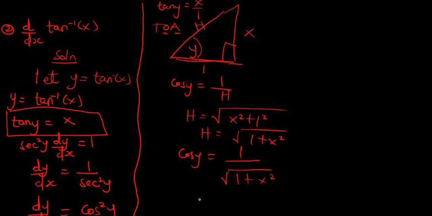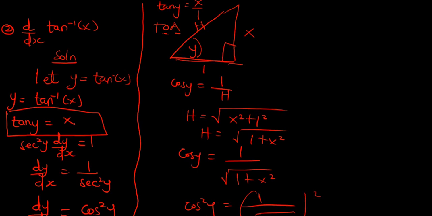Okay, now we want cos squared y, not cos y. So let's square everything. So cos squared y will be equal to 1 over the square root of 1 plus x squared, all squared. So at the end of the day, our cos squared y is going to be 1 over 1 plus x squared.